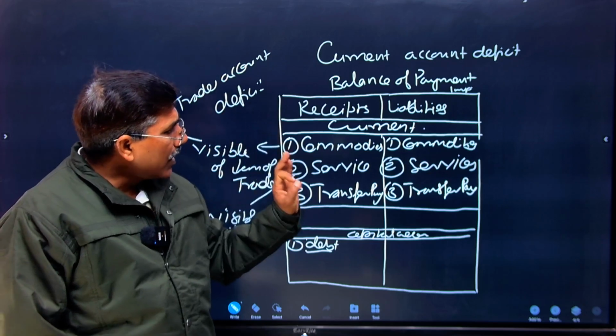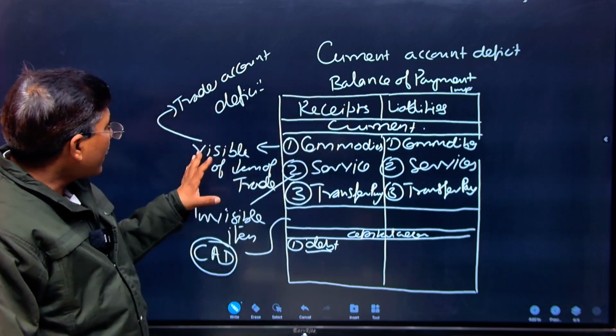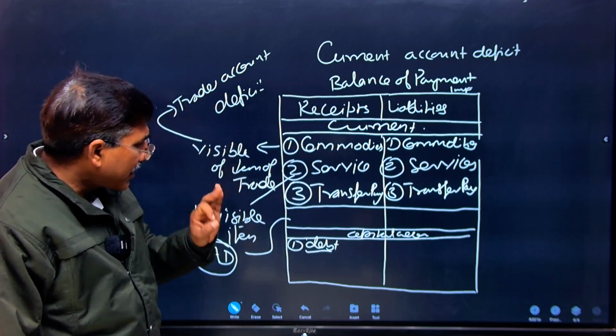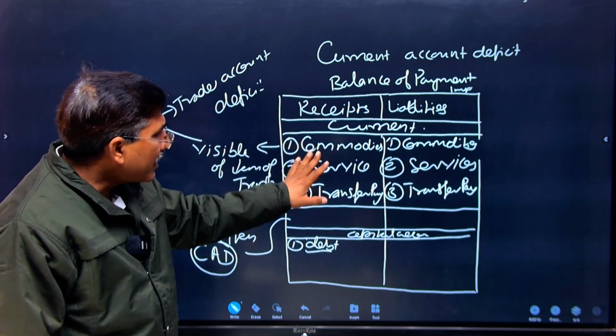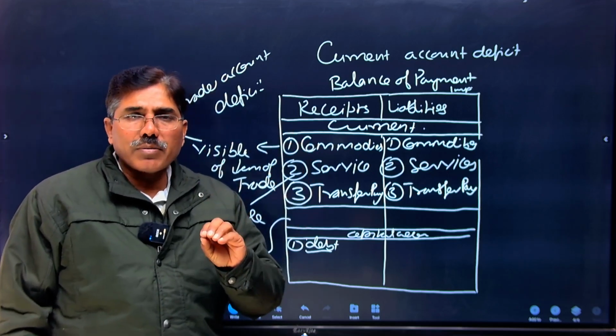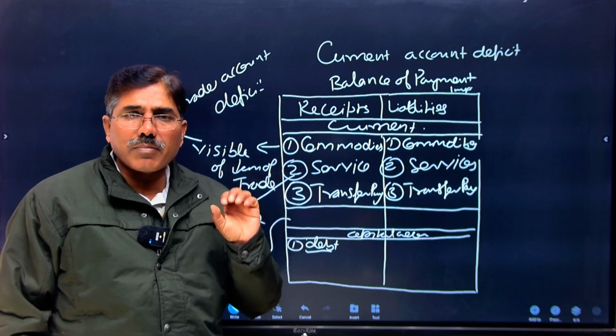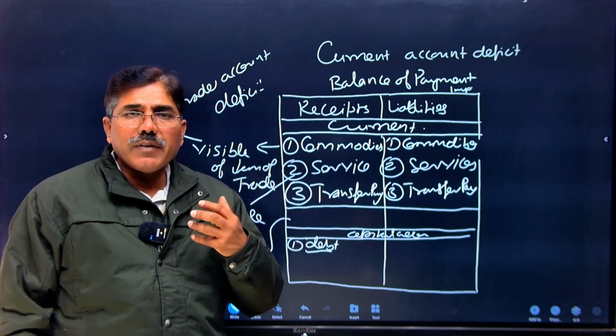Now, one point is clear regarding this balance of payments: what is the current account deficit. The second point is clear: if there is a current account deficit, it can be managed in two ways. Either the government can use its foreign exchange reserves, which are kept in the Reserve Bank of India, or the government will borrow money.